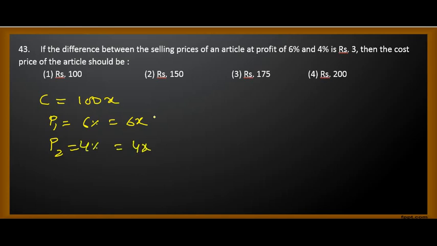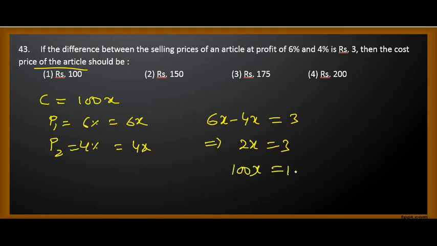Given that the difference between these two profits, 6x minus 4x, is equal to how much is given? 3. Implies 2x is equals to 3. What is the question asking? Then the cost price of the article should be, what is the cost price of the article? 100x. Simply multiply with 50 on both sides. You will get 100x is equivalent to 150. So the answer is option 2.